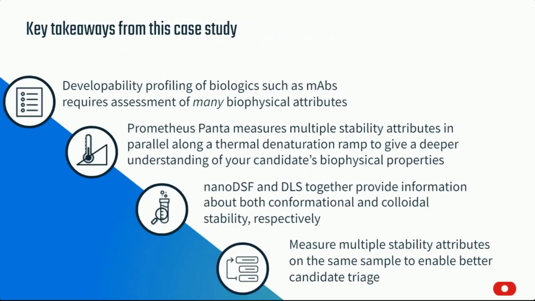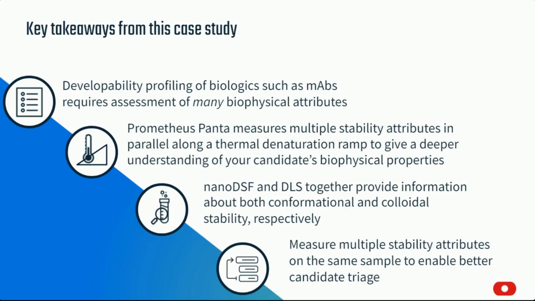I just want to take a moment now to wrap up and take a few key takeaways from this case study. I hope that you have understood the importance of developability assessments and all of the different biophysical attributes that Merck takes into consideration when pushing a candidate through their pipeline. Hopefully I was able to show you that the Prometheus Panta is able to measure many of those stability attributes in parallel during the same thermal ramp using only 10 microliters of sample.